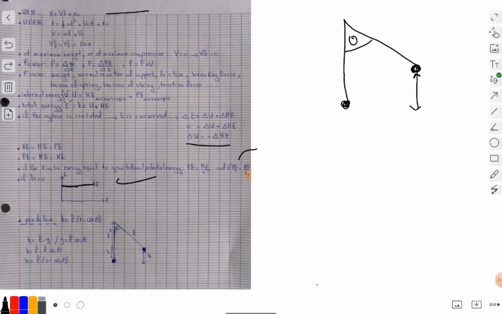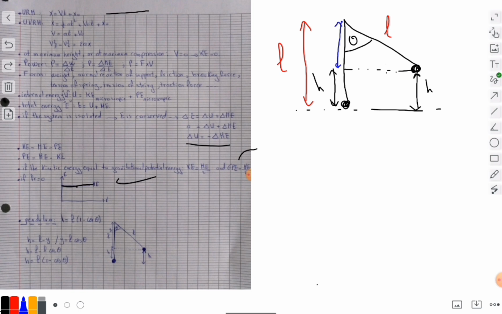From this particle to this level, named H. So this is H. The length of the pendulum is L. So these L, they are equal. We name this side Y. So H equal L minus Y.